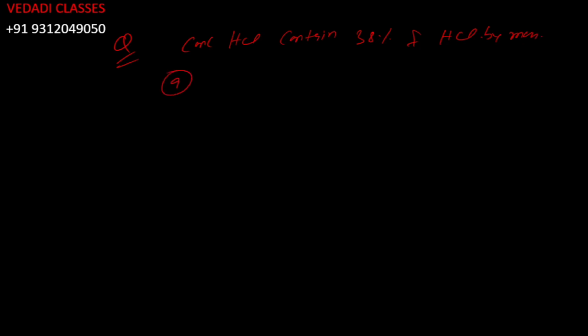So you have to find out what is the molarity of the solution. Molarity of the solution will be what? And the density they have given is equal to 1.19 gram per centimeter cube.